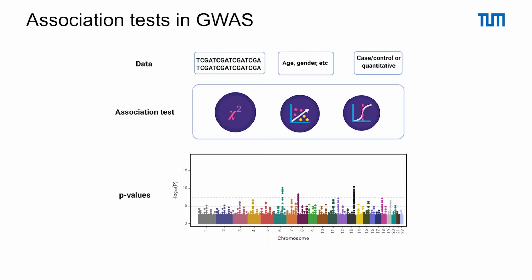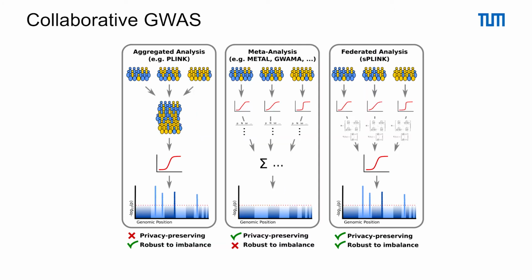The association test computes a p-value for each SNP. If the p-value of a SNP is smaller than a pre-specified significance threshold, there is a significant association between the SNP and disease. Studies show that larger GWAS sample sizes lead to identifying more associations and more accurate genetic predictors.